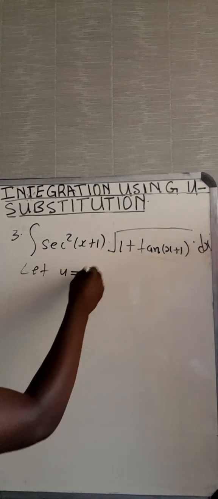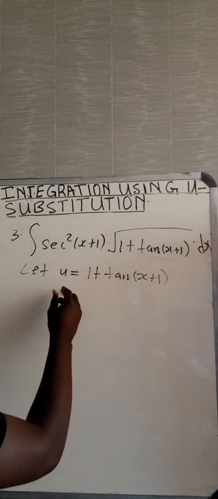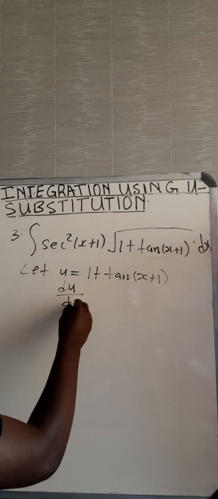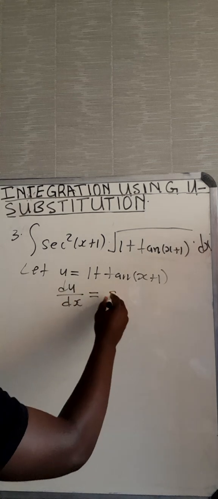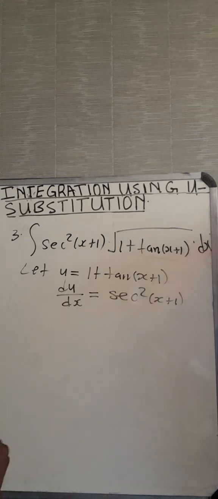So you can see that if we let this guy be u, then when we differentiate this tan, we get sec squared of something. So if we let u be equal to 1 plus tan of x plus 1, when we differentiate u with respect to x, we get sec squared of x plus 1, because the derivative of 1 is 0.